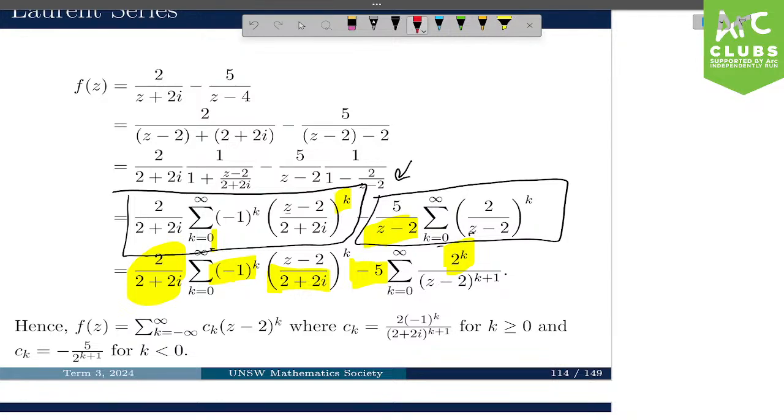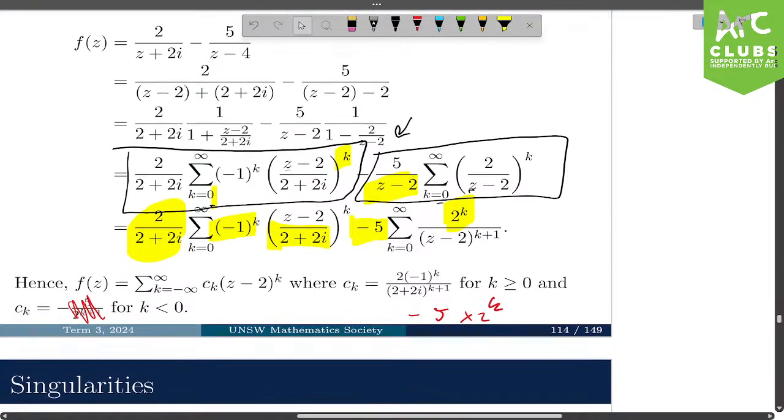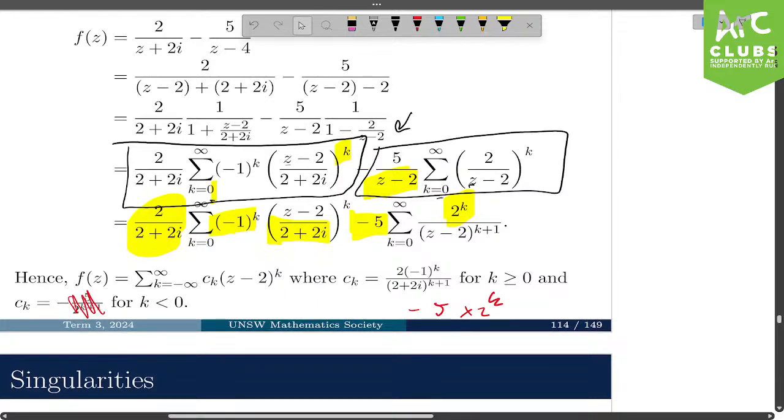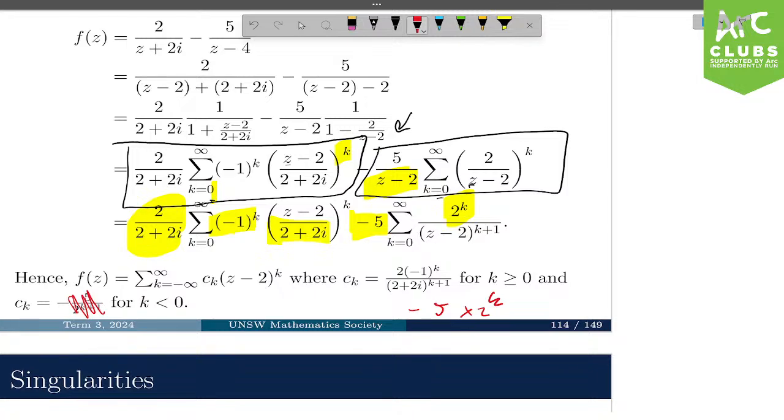Yeah, ignore this. Should be -5 times 2 to the k, I believe. Yes. Actually, the k plus 1 factors out. So this will be looking at case k plus 1. So when we push that back to case k, this becomes a -1. Alright. So that's just for this one. That's what it should be.